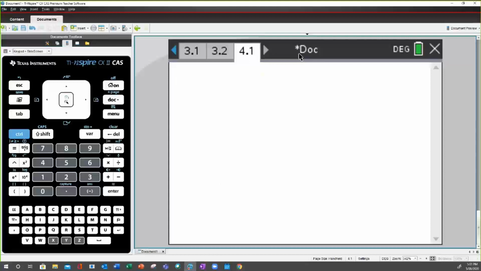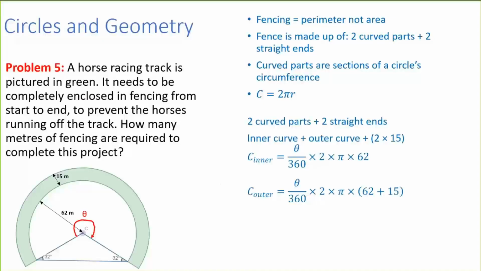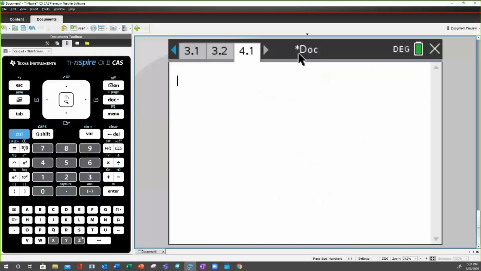If you recall, we've got two 32-degree angles there in the isosceles triangle. So to find the missing angle in that triangle, we can go 180 degrees minus 2 lots of 32. That gives us 116 degrees.